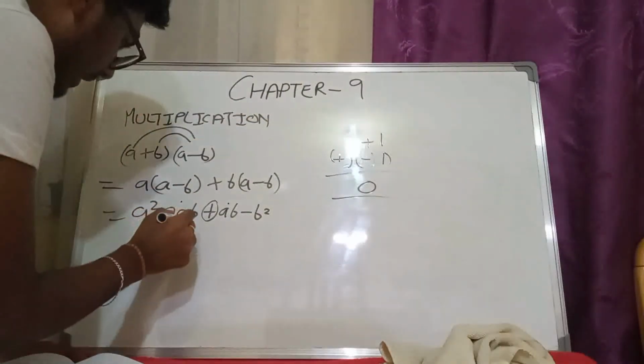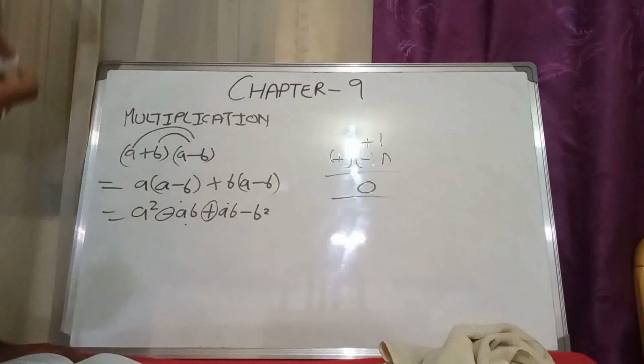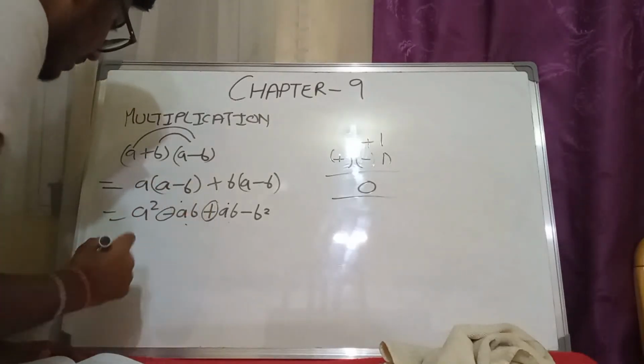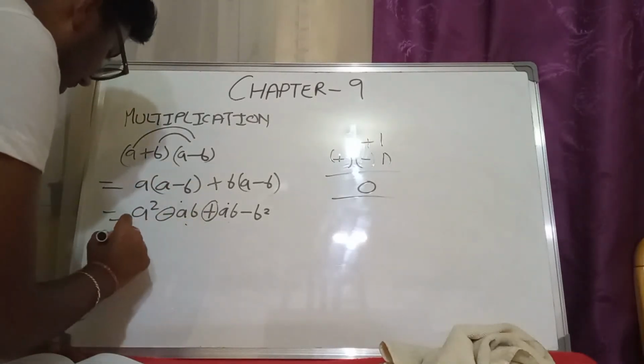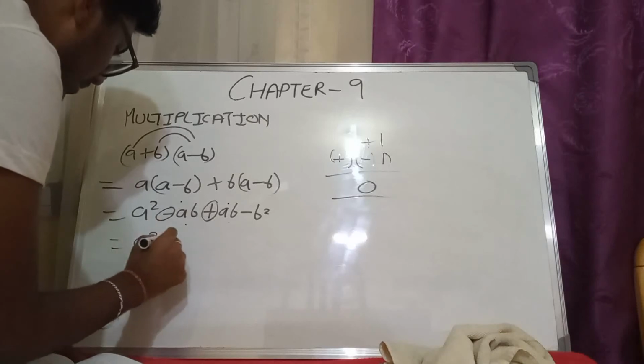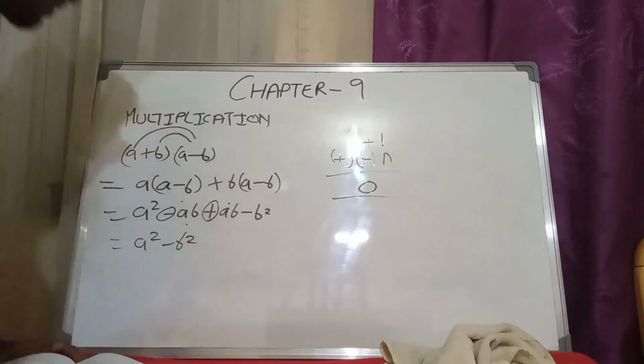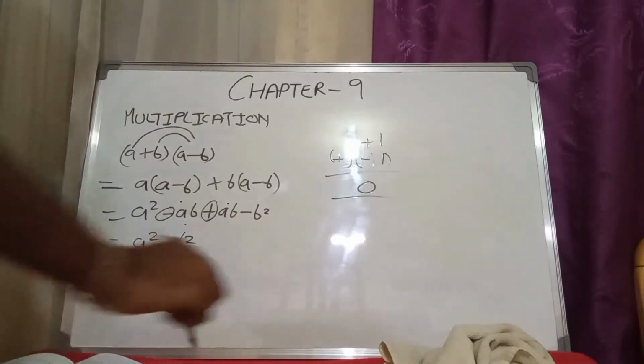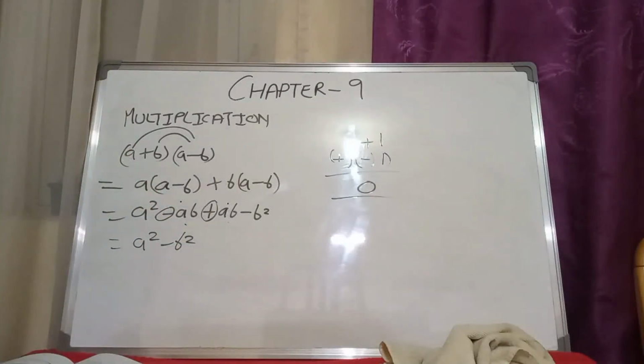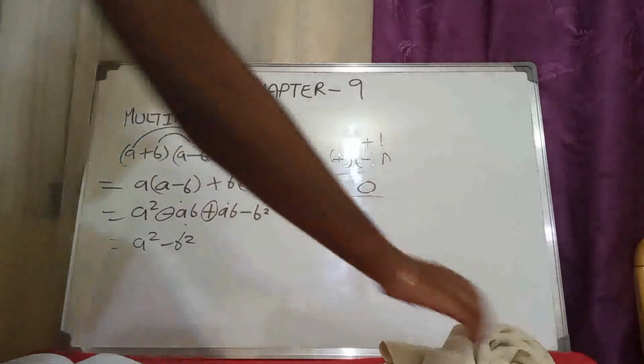Here ab and ab have the same value but different signs. This is the reason why they cancel out each other, and we get the answer a square minus b square. This is one of the identities we'll be learning now. We'll see some more extra problems.